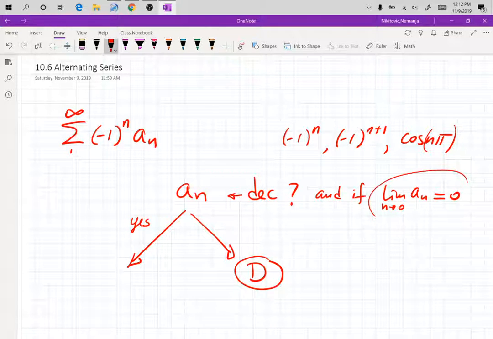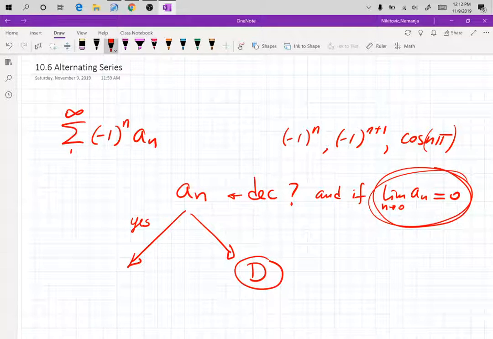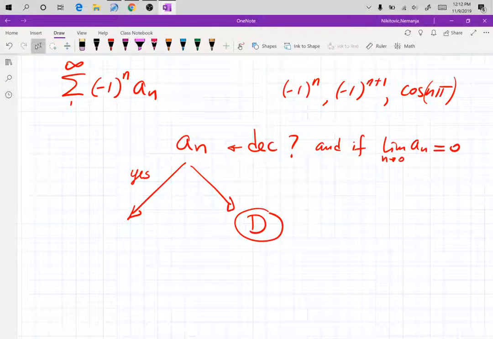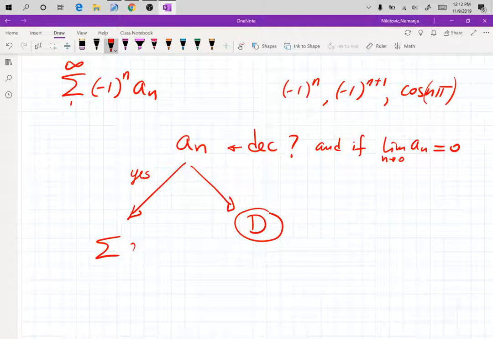Now you know that you spot divergent series when the limit is different than 0. So technically, if the limit is not 0, it's your nth term test, your first row on the sheet, right? It would kill this problem anyway. Awesome. So now if it's yes, you will look into the summation of a_n. See, we never do anything with this (-1)^n.